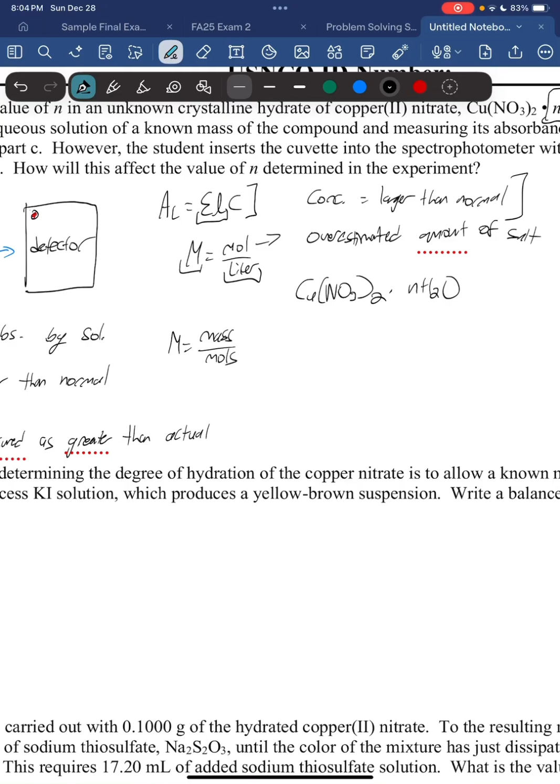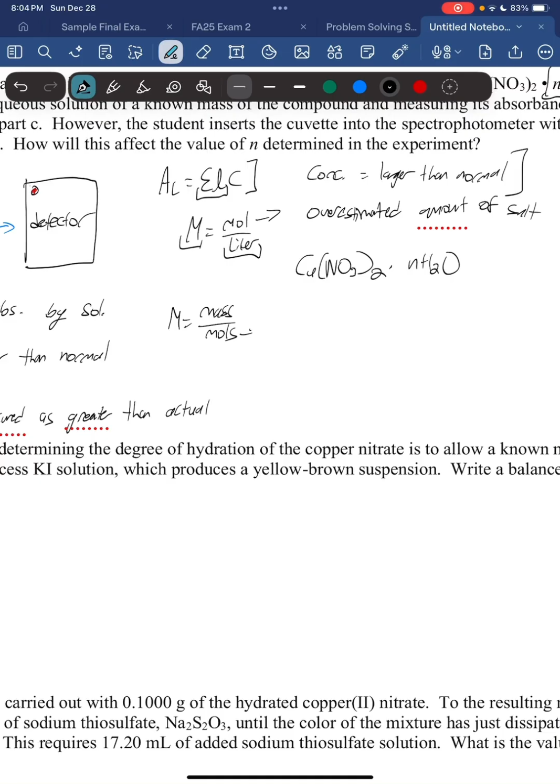So because our amount of moles is greater than what it normally is, and I'll make this a different letter just to not confuse it with molarity, it means that our total molar mass is less than what it should be, because we have a larger number on the denominator.